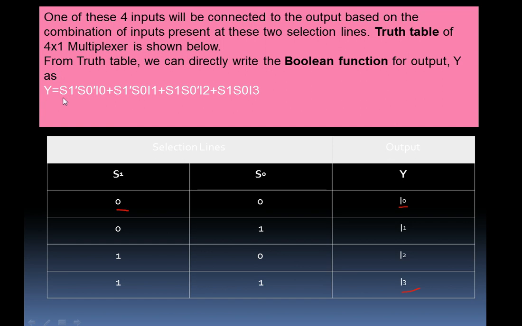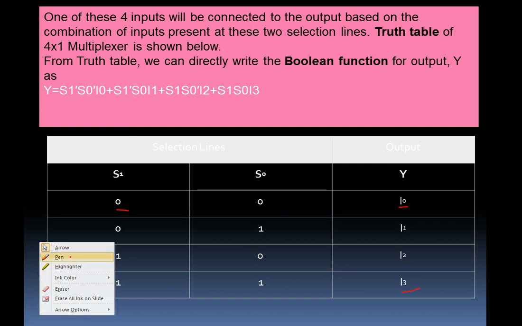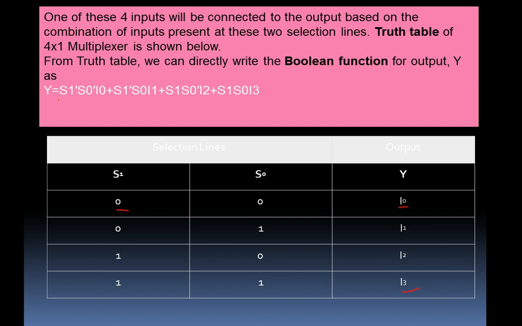And the second term is S1 is 0, S0 is 1. Whenever this combination occurs, the output will be I1. So S1 bar S0, that is 0 1, and 0 1 means 1, that is I1.